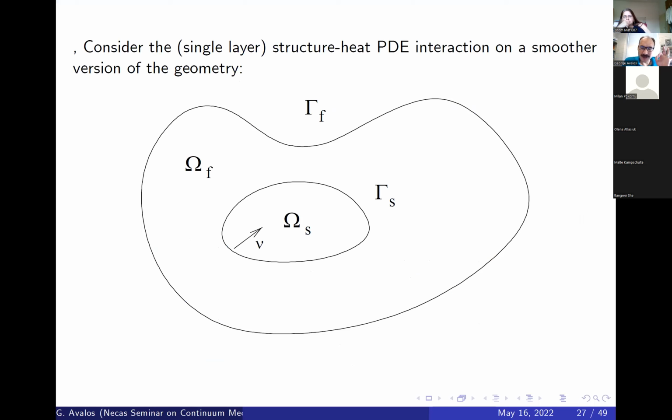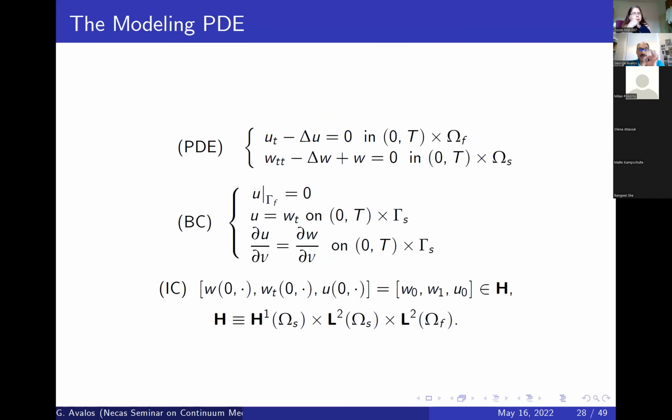Our result is with respect to a polyhedral domain, but I want to draw comparisons to what's been done with a single layered structure, fluid structure interaction. And this is the following model. This has been looked at; in structure, it looks pretty simple, but people have been looking at it.